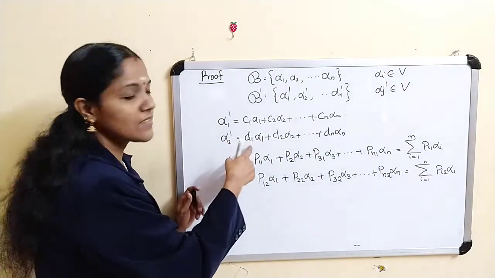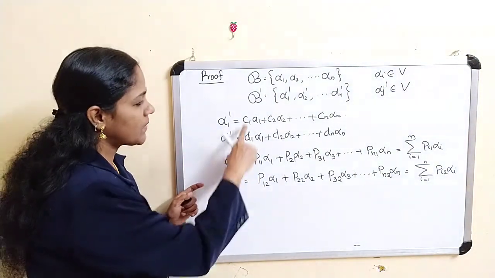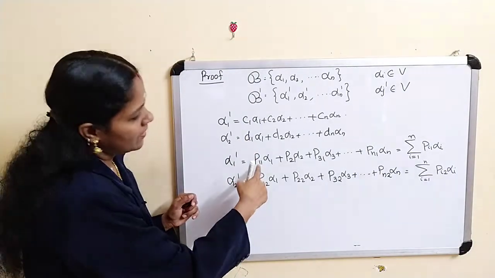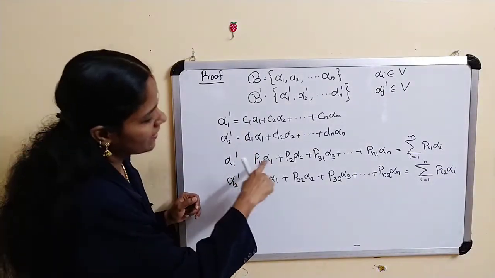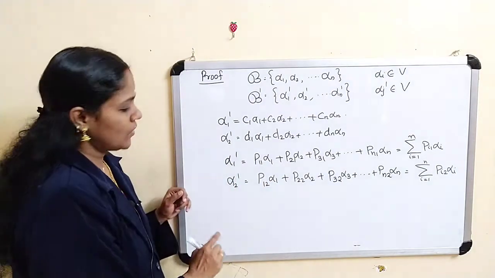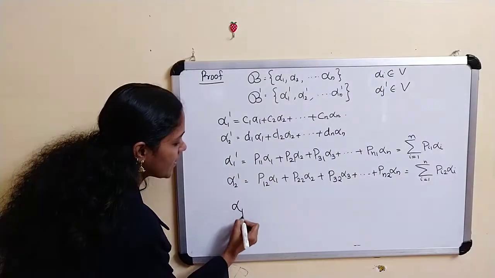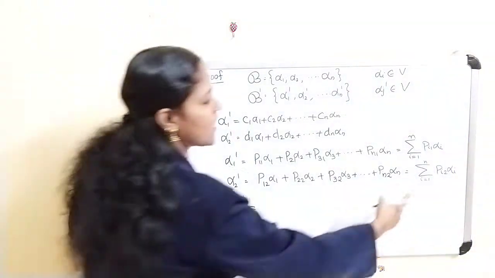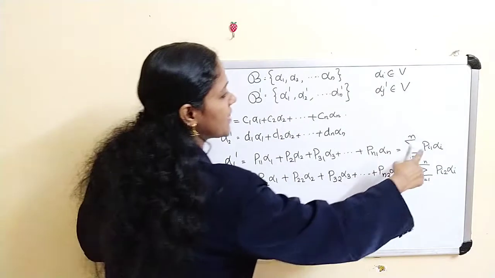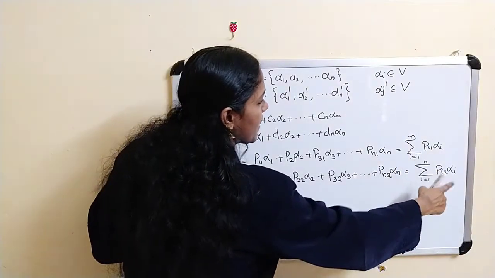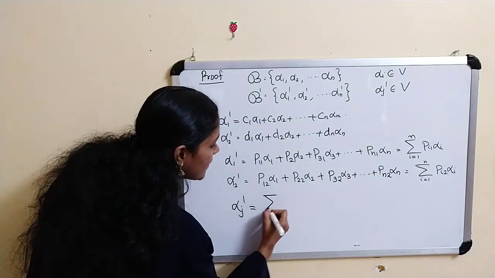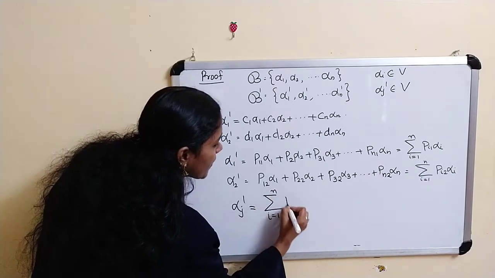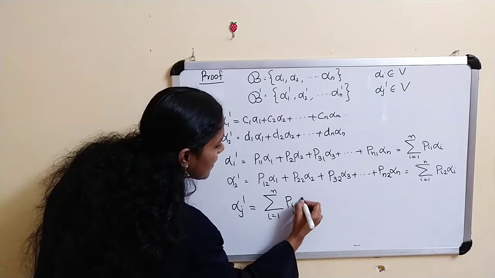Writing it out fully is too difficult, so we are replacing the Cs by Pij's. So what is the representation for alpha j dash? Alpha 1 dash has Pi1, alpha 2 dash has Pi2. So the representation for alpha j dash is sigma i varies from 1 to n Pij alpha i.